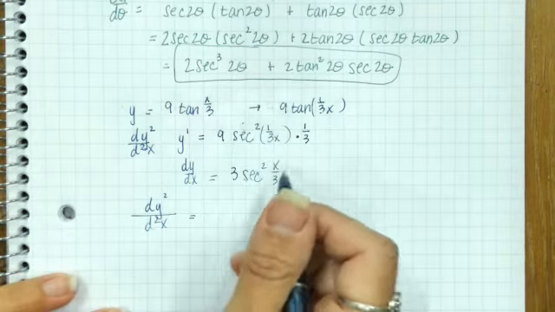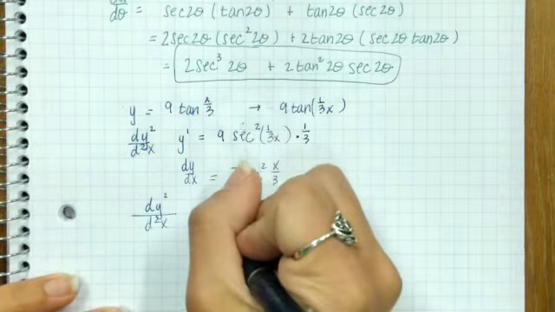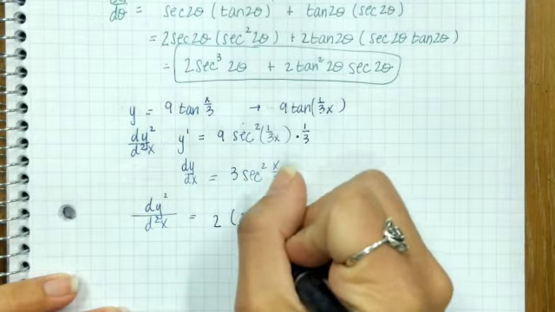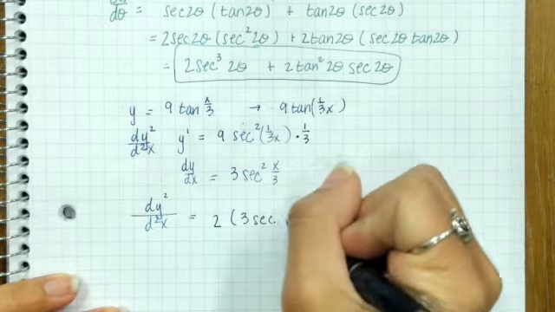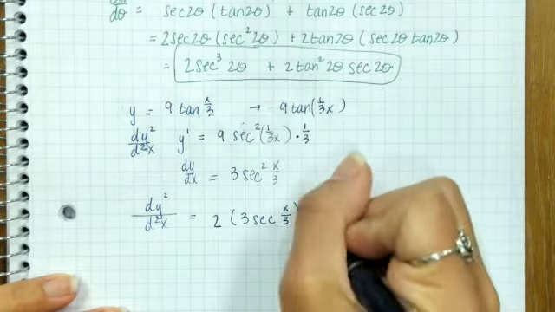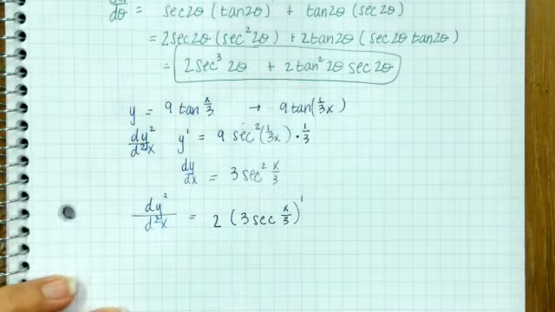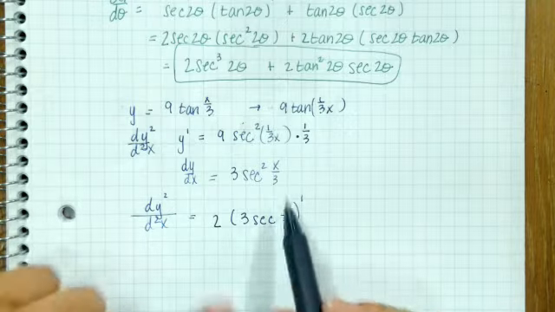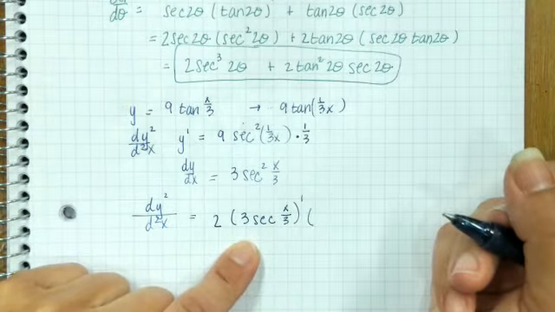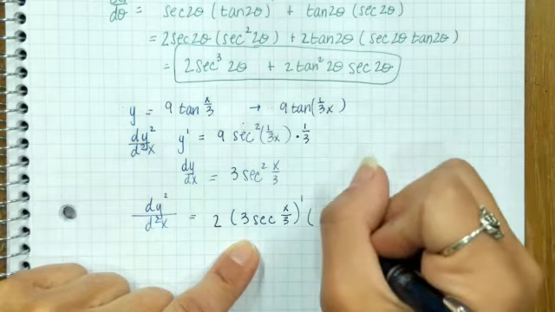So I'm going to use the power rule. By the power rule, I'm going to bring the 2 out in front, decrease the power by 1, times, by the chain rule, the derivative of what's inside. So the derivative of secant, we just said, was secant tangent.